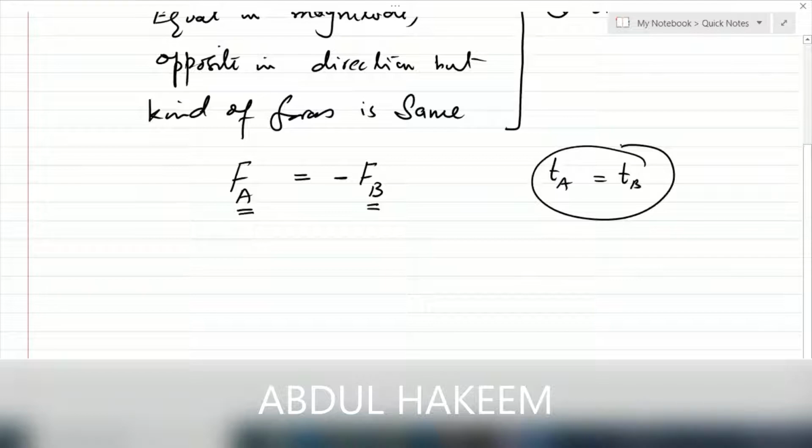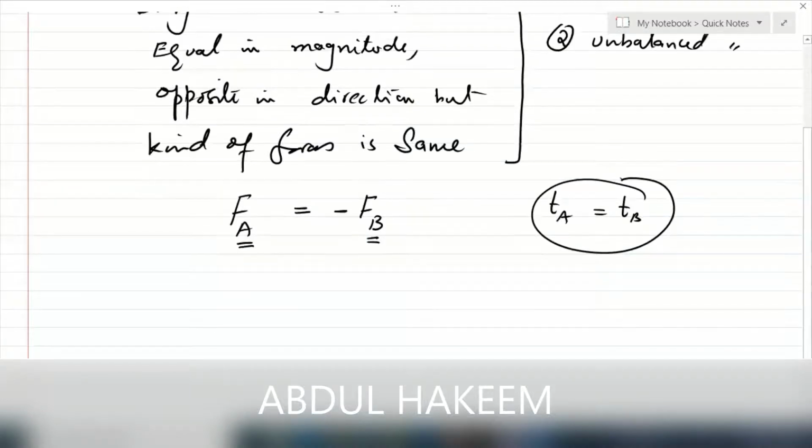Both will occur in the same interval of time. And very importantly, their kind is the same. If the action force is balanced, definitely the reaction force will be balanced. When the action force is unbalanced, the reaction will be unbalanced in its nature, in its kind.